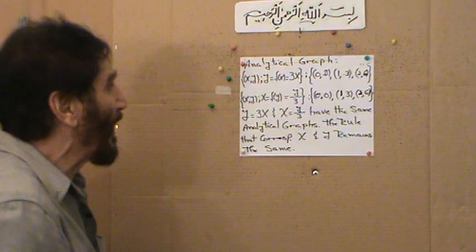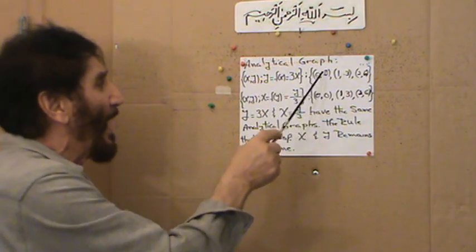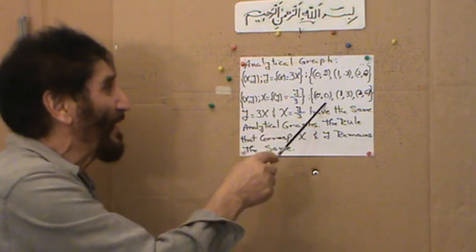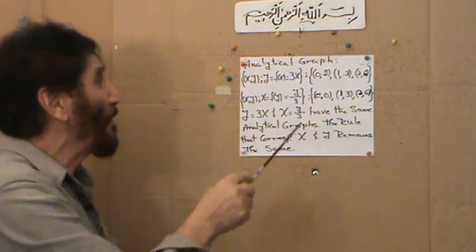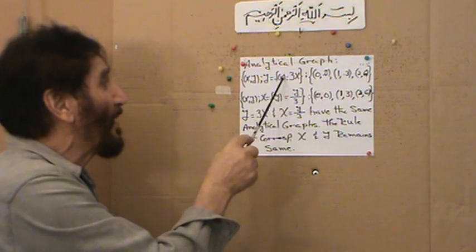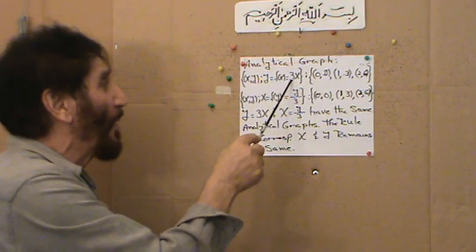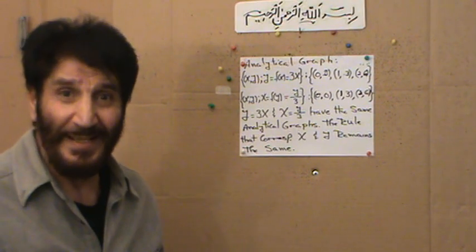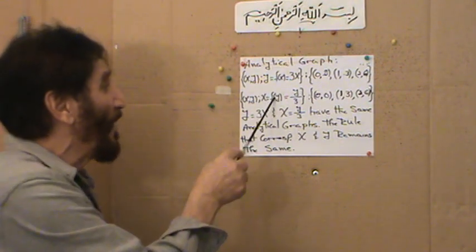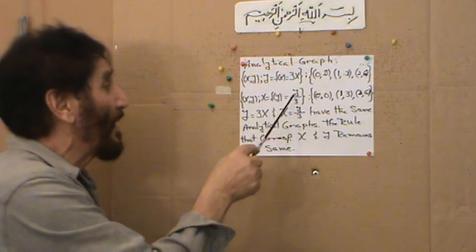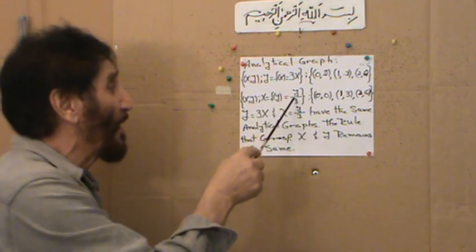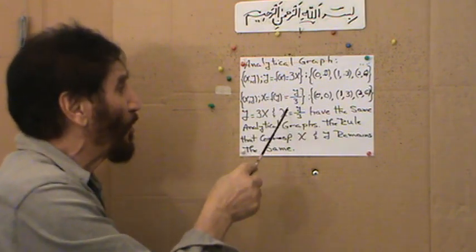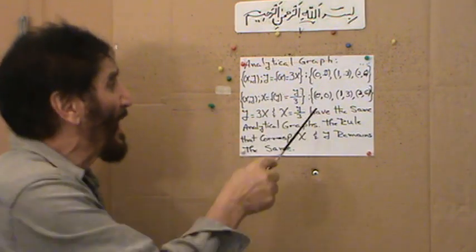Now look at this one. These two analytical graphs are the same. Now, this one, y is a function of x with the rule of correspondence 3x, is using the operation of multiplication. And this one, x is a function of y with the rule of correspondence y over 3, gives exactly the same graph.